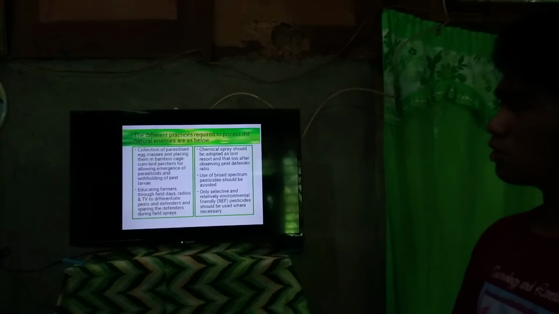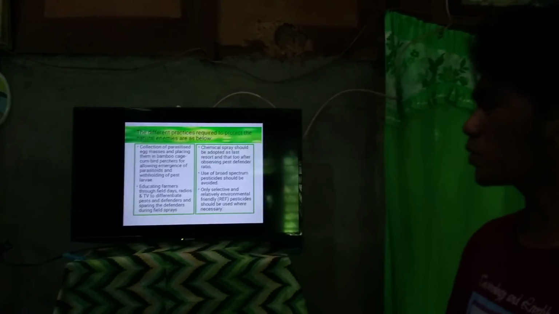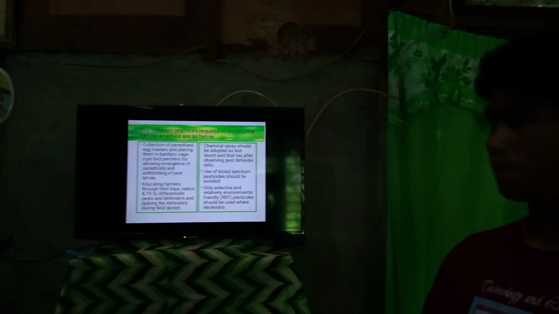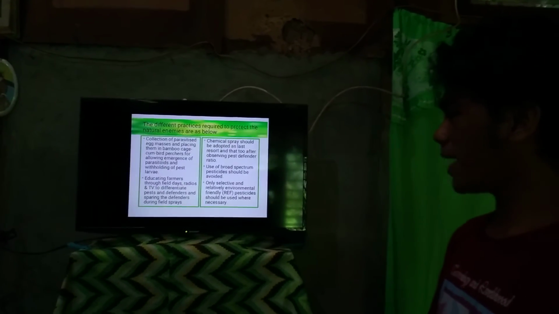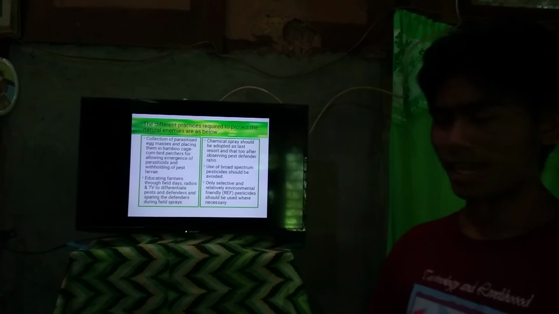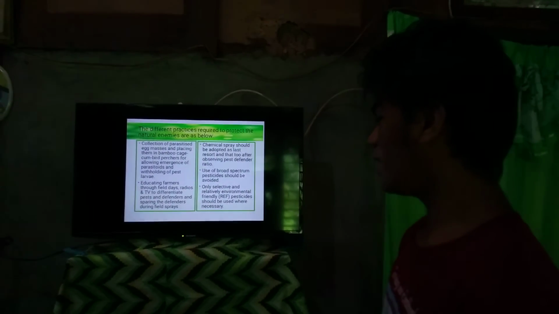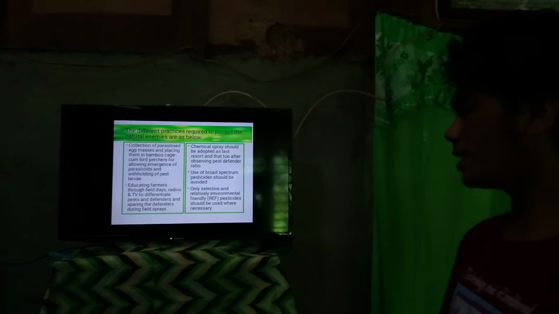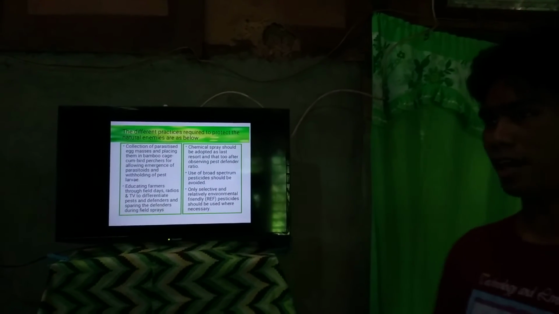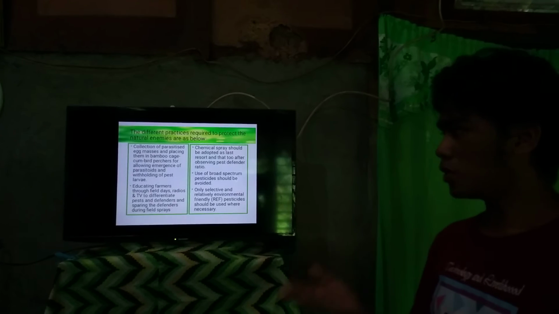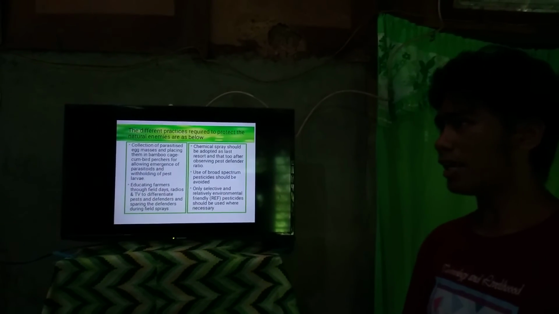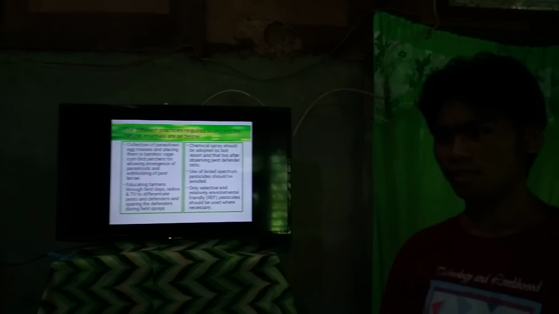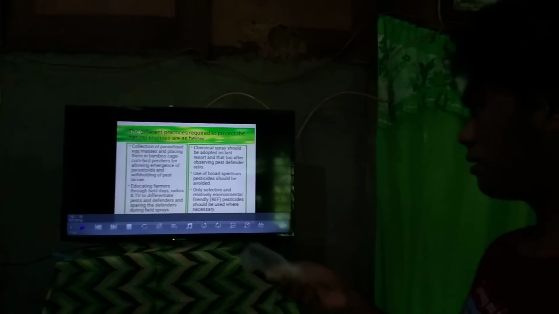Chemical spray should be adopted as a last resort, and that too after observing the pest defender ratio. Use of broad spectrum pesticides should be avoided and only selective and relatively environment friendly, or REF, pesticides should be used where necessary. So the pesticide used should not harm any natural enemies.